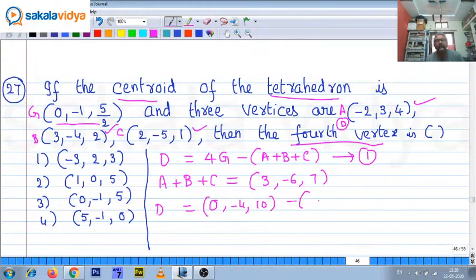We get 0 minus 3 equals -3, -4 minus of -6 is 2, 3. So -3, 2, 3. Am I correct? First option?